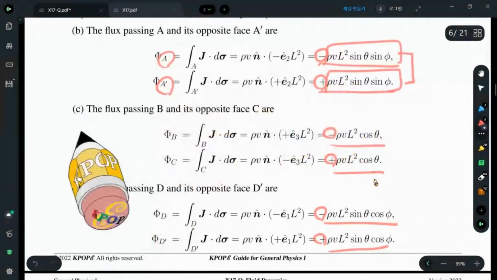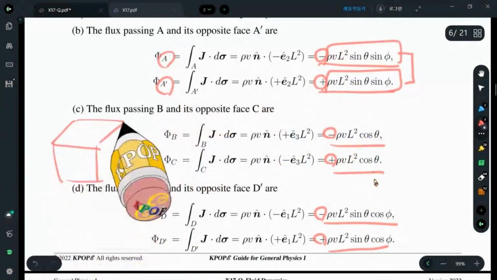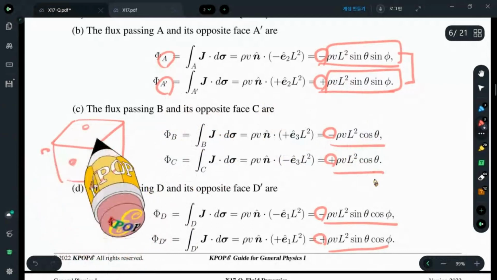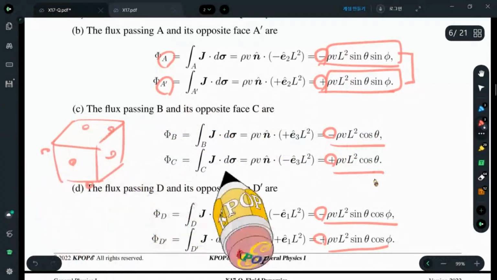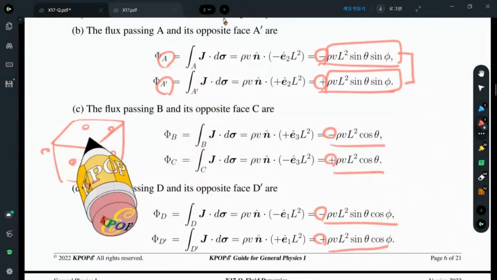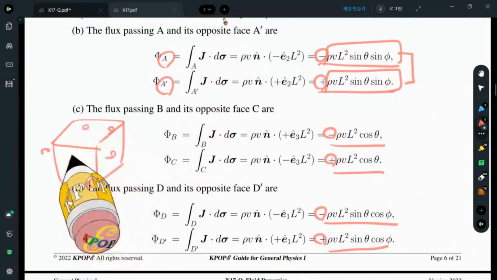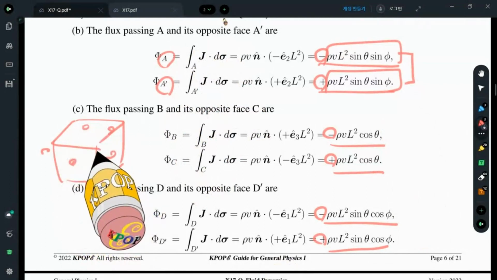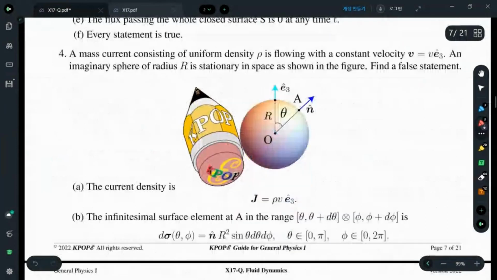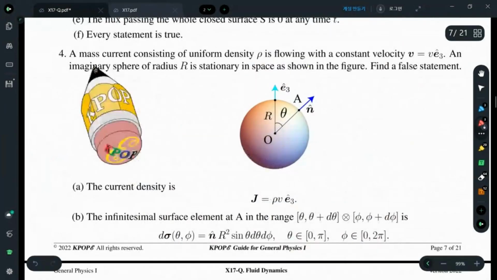So if you sum everything all together, 1, 2, 3, 4, 5, 6 spaces all together, the sum will be indicating this change in mass inside this volume, and that is 0. So that means mass doesn't change at all.